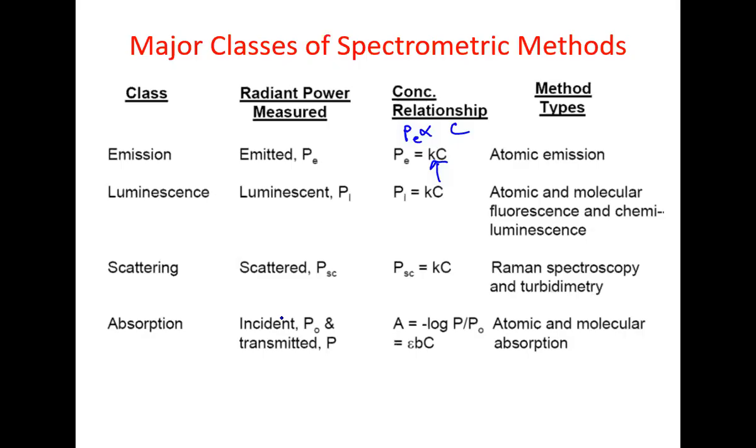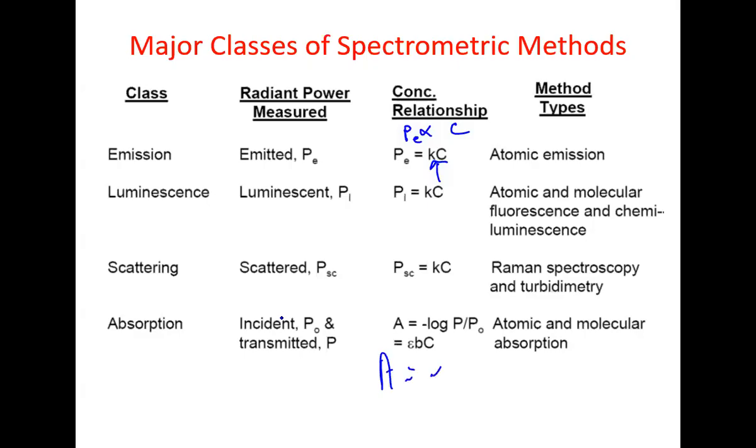Then the last one here, I want to emphasize this again: absorption. The incident power P naught and the transmitted power P are compared. You compare the two, and you can see A equals minus log T. Remember the formula we gave?